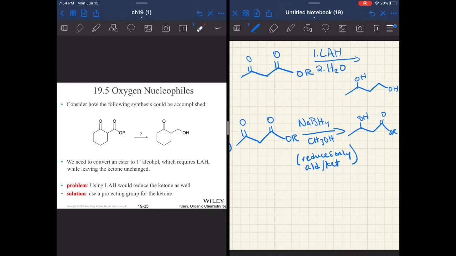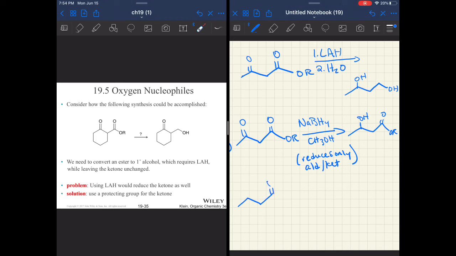So what they're asking us here is for the opposite trick. Reduce only the ester, leave the ketone in place. Well, we don't have a reducing agent that can do that, but we can protect it.